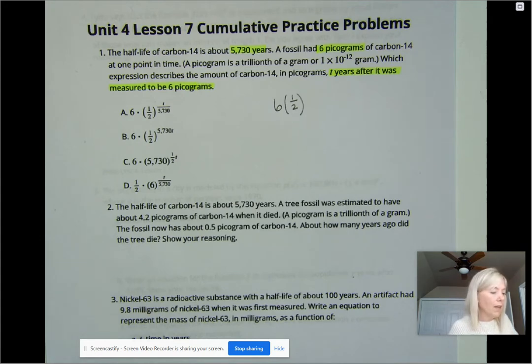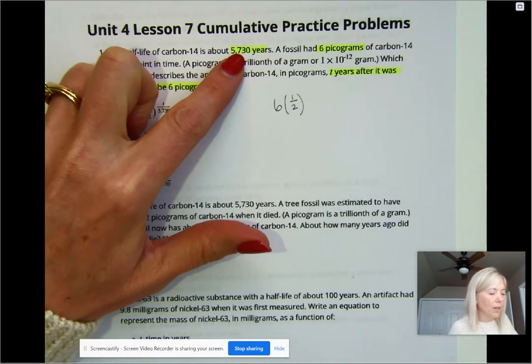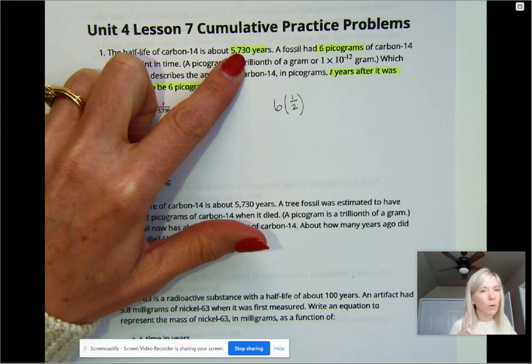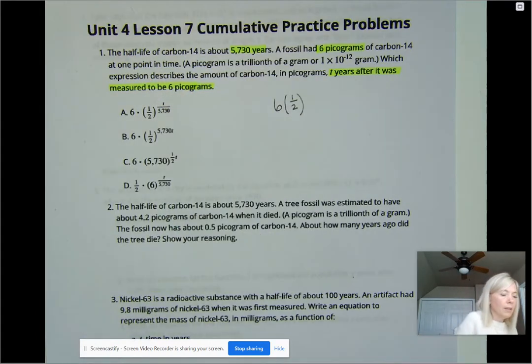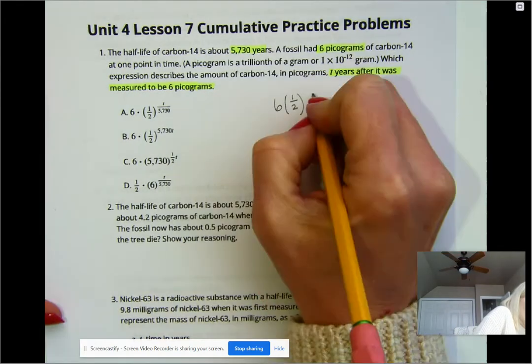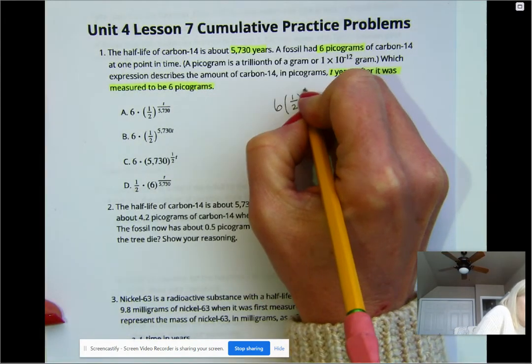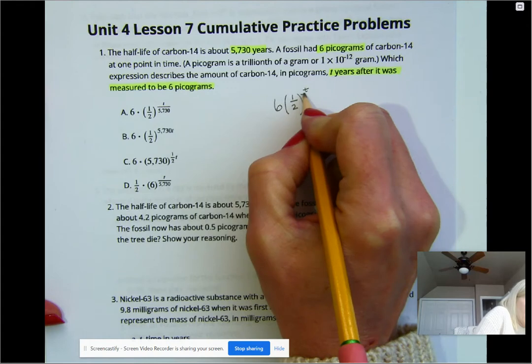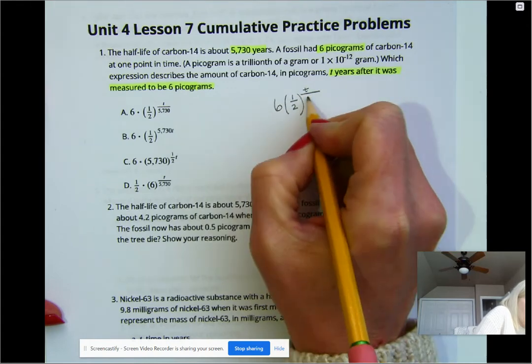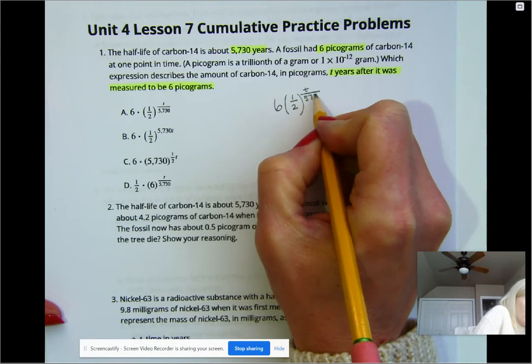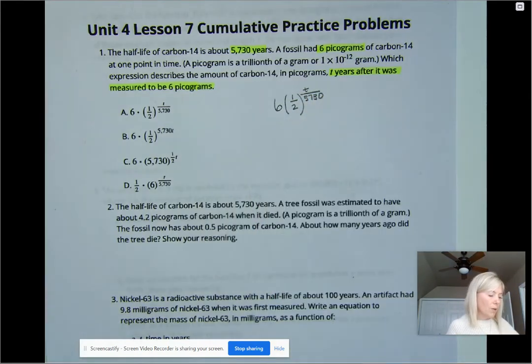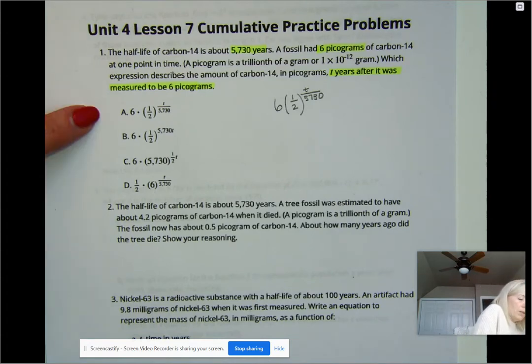If it takes 5,730 years for that to happen one time, then each year it happens just a little bit. So we take the number of years, whatever t is, and divide it by how long it takes to happen in one half-life, 5,730. So it looks like the equation that matches what I just wrote is equation A.